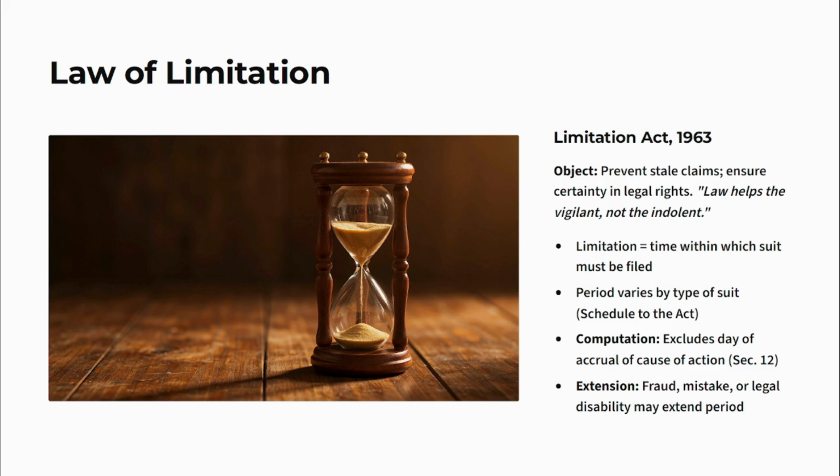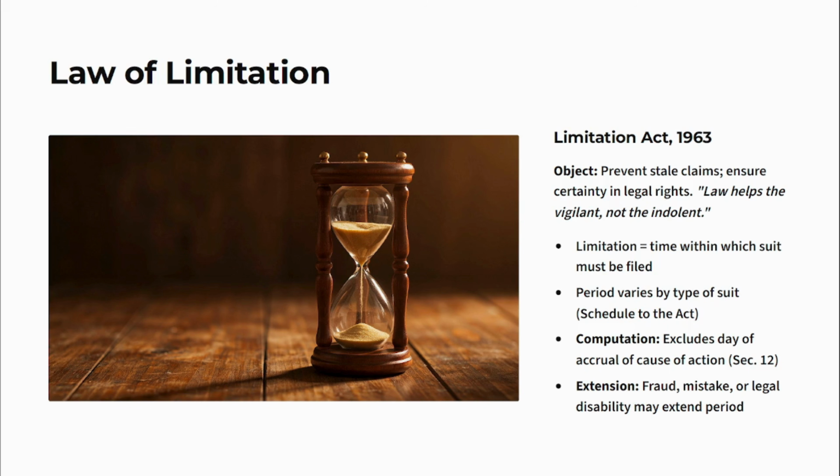The famous line is, law helps the vigilant, the alert person, not the indolent person, that is, a lazy person. Meaning, the court helps people who act on time, not people who wait too long.